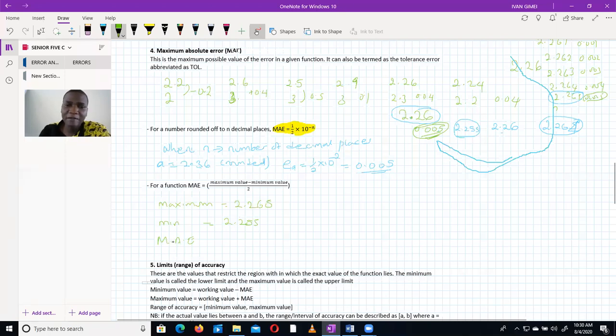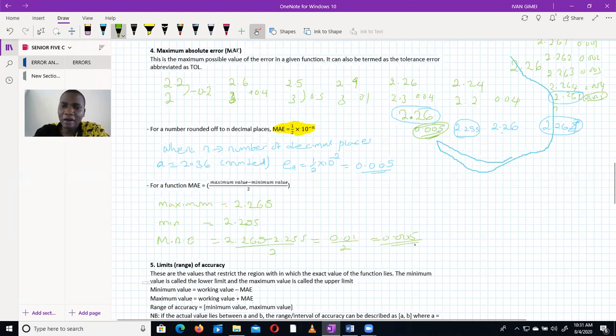Then they ask you to find the maximum possible error that this person could have made. This will be the same as 2.265 minus 2.255, divided by 2. Maximum value minus minimum value divided by 2. So if you subtract this, what do you get? 0.01, I think, because this 5 goes away with that, this 6 gives us 1. So this gives us 0.005. We're going to look at this in detail next time.